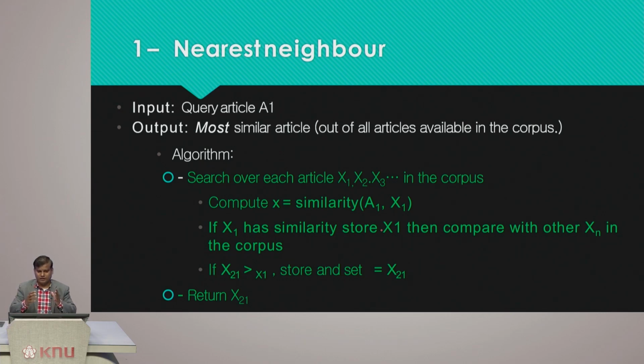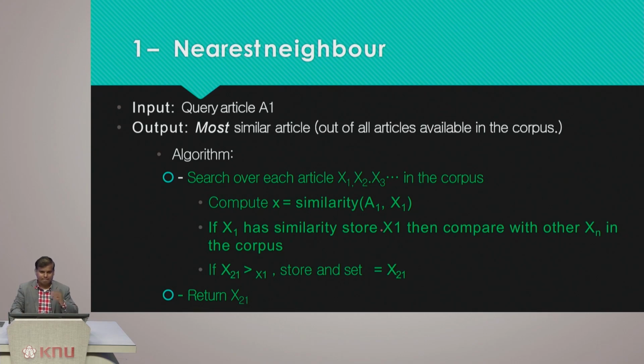So we are going to save that, replace x1 with x21, and the output is going to be x21. That's the idea, a simple query mechanism in which you compare. In this nearest neighbor example, the main objective is to get the output of the most similar article among all the articles available. So we are expecting only one output.